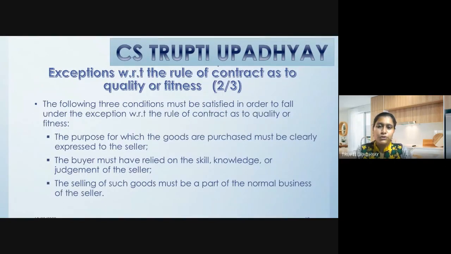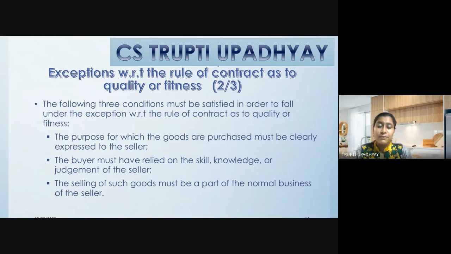Exceptions with respect to the rule of condition as to quality and fitness. Here, if the three conditions which are mentioned here are fulfilled, then the seller shall be held responsible and he has to compensate the buyer. The purpose for which the goods are purchased, if it is clearly expressed or communicated to the seller, and the seller knows the purpose for which the goods are being bought, then he must give the goods which meet the purpose.